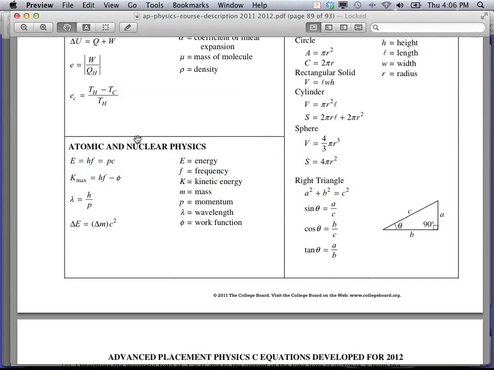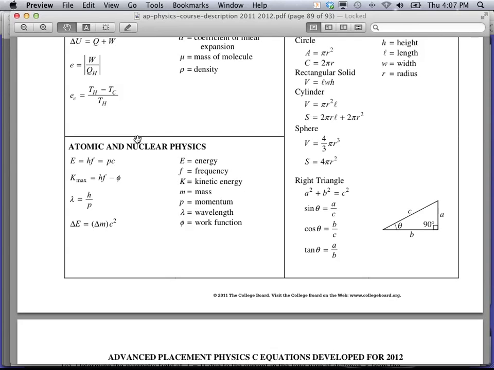Then you've got the photoelectric equation. When I say photoelectric effect, from now on, what are you going to think of? I hope the first thing you think of is a solar cell, because that is the classic everyday example of the photoelectric effect.